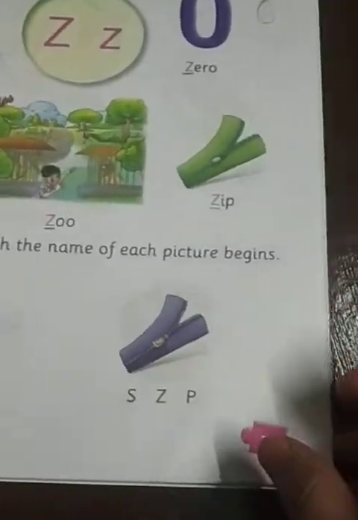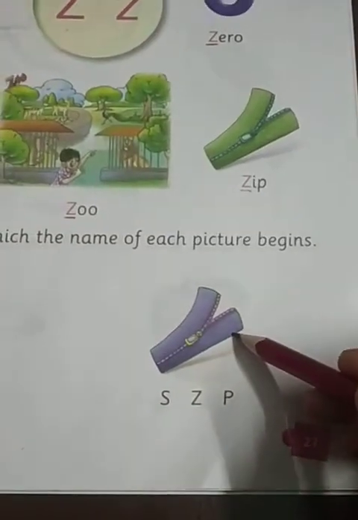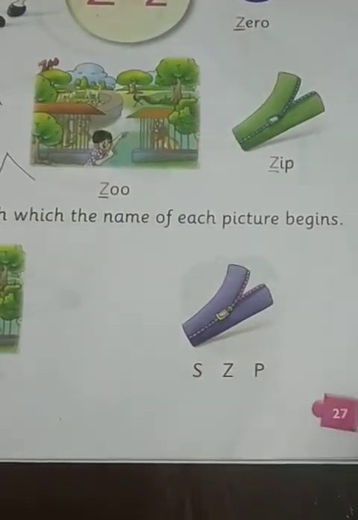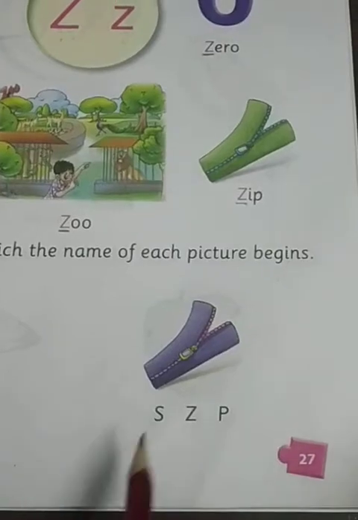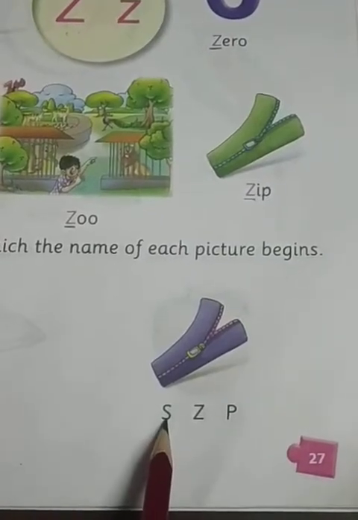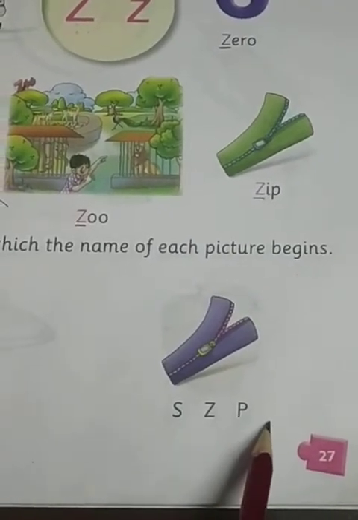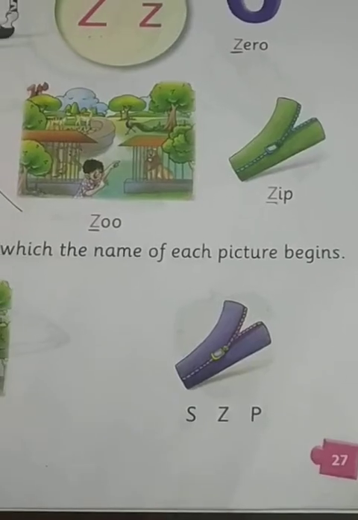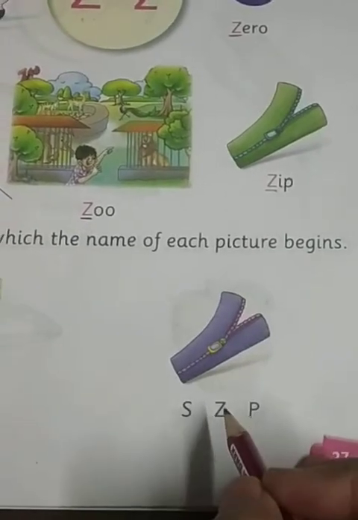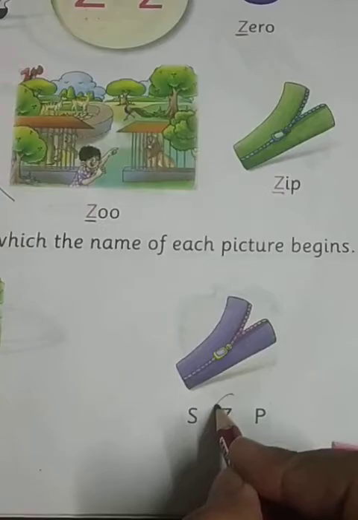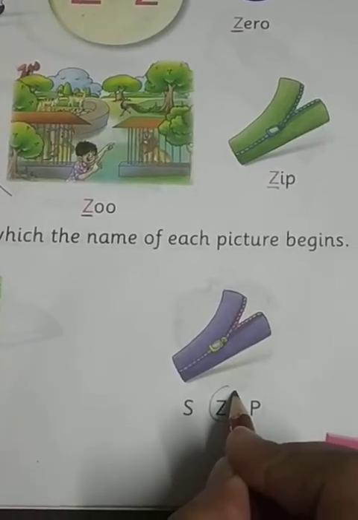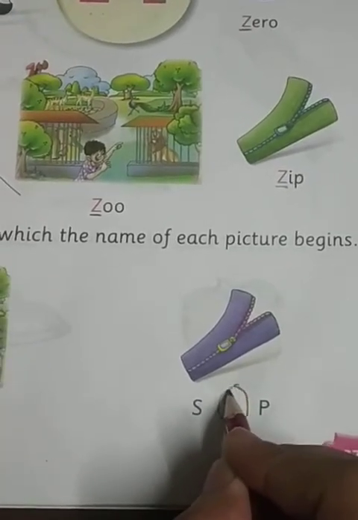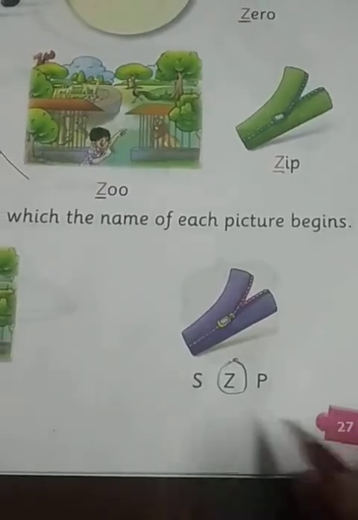Now our next picture is zip. So from which letter zip begins? Does it begin with letter Z or S or P? Yeah, exactly. Z for zip. So I'm gonna circle letter Z. Okay? Circle letter Z in your book.